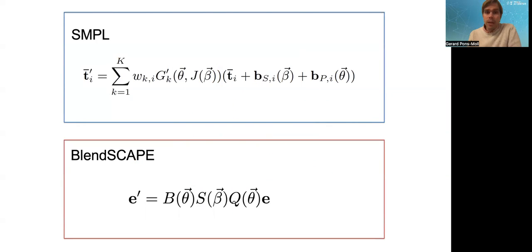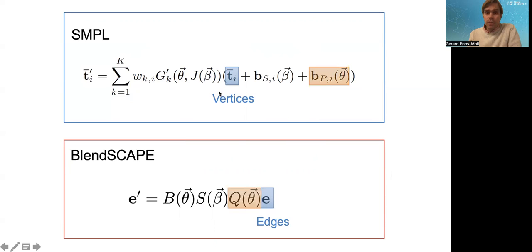If you remember, the SMPL model is purely additive. It keeps adding components over the base mesh T bar such that those vertices get transformed. If we look at the BlendSCAPE model, it operates on edges instead of vertices.